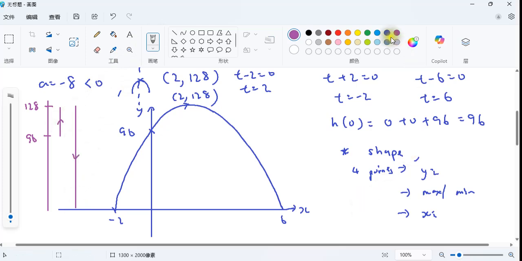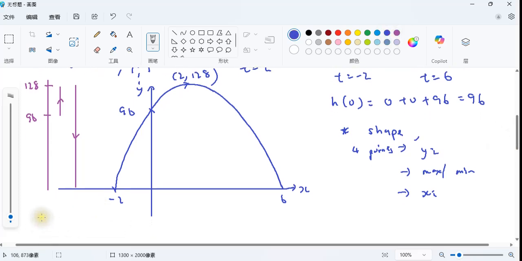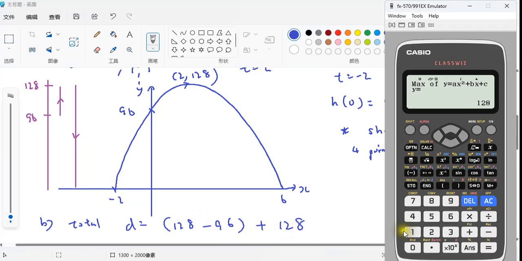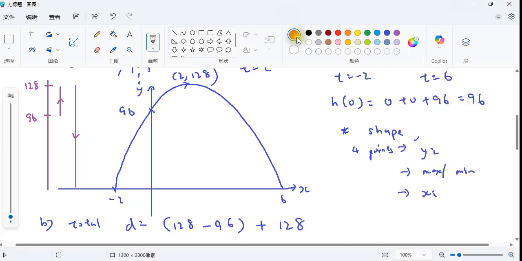Okay, so B, the total distance will be 128 minus 96 and then plus 128. Okay, so we have 128 minus 96, so it's 32.